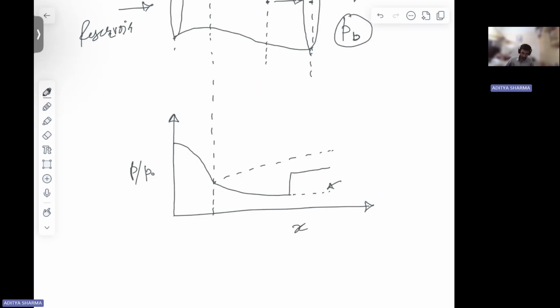This is your x direction. So you have a shock at this point.